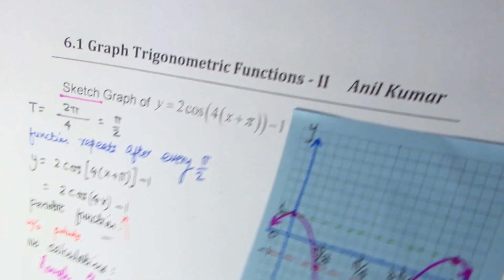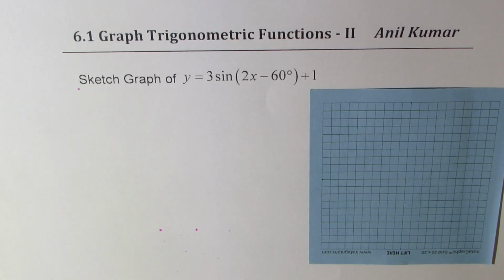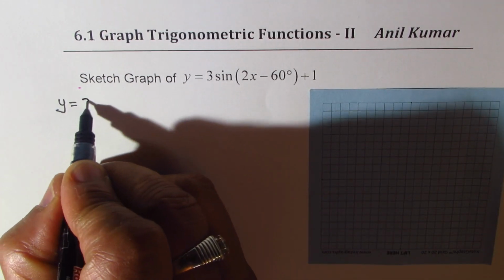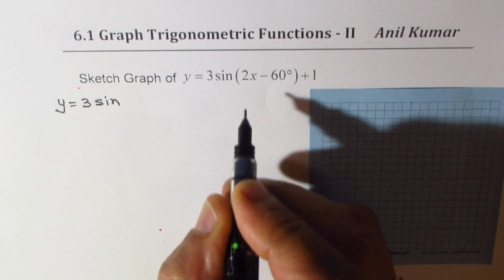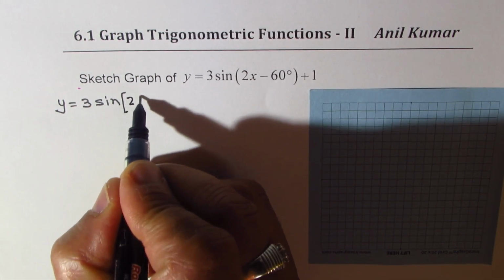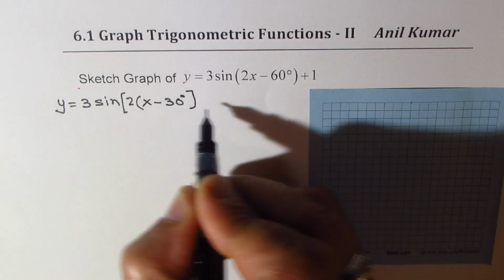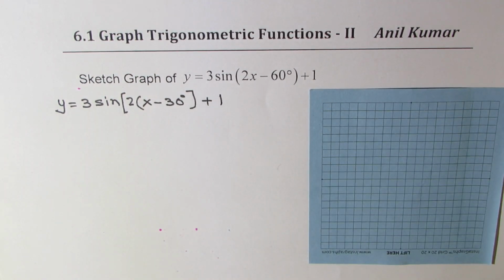Now let's take the last one here, which I've taken in degrees. As we talked about it, we could rewrite this function as 3 sine 2 common x minus 30 degrees plus 1. Now here I will show you another very important technique.